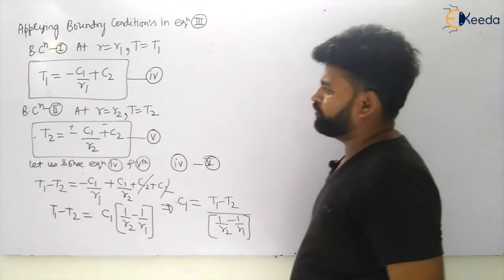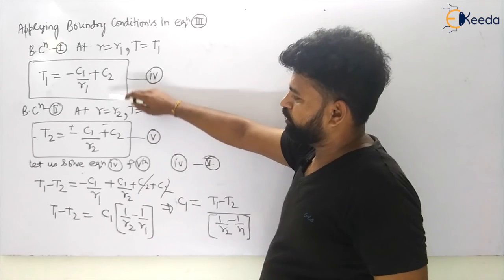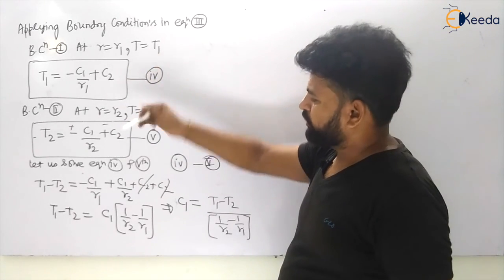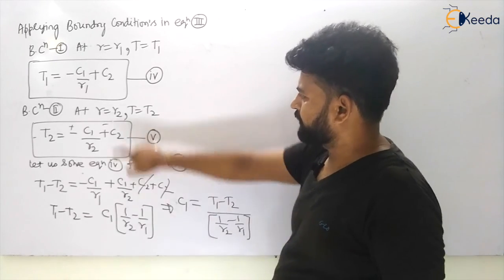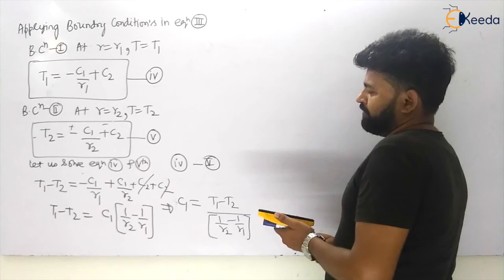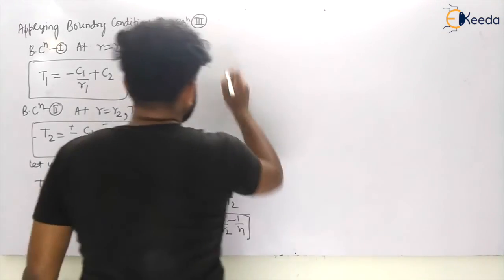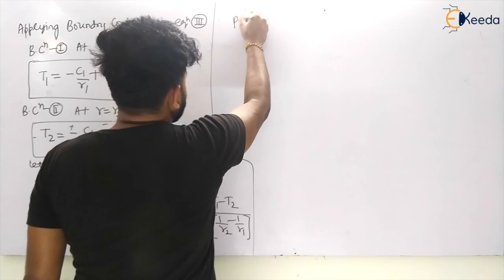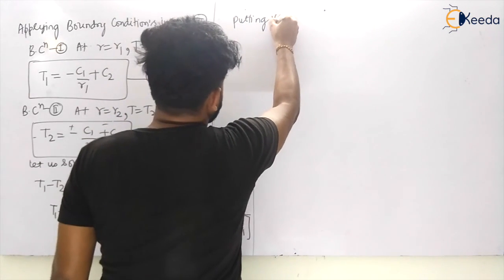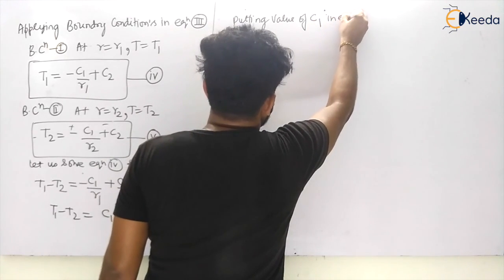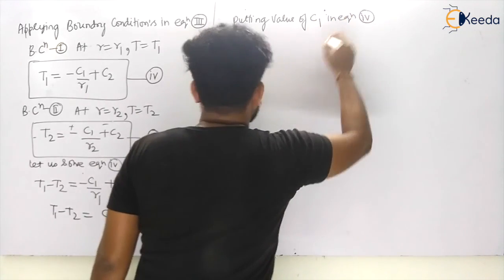So how can I calculate C2? I can calculate C2 by putting the value of C1 in any particular one equation. Let us put the value in T1. So I will have the value of C2 then. Putting value of C1 in equation number 4th, let us see what I will have.